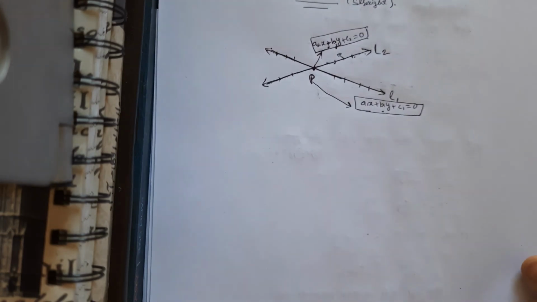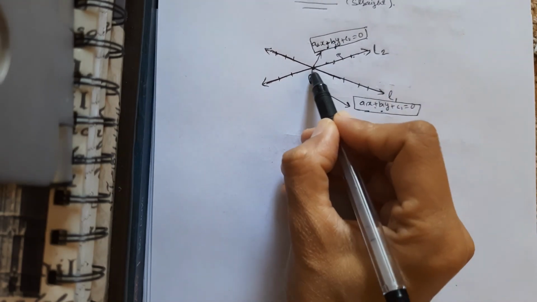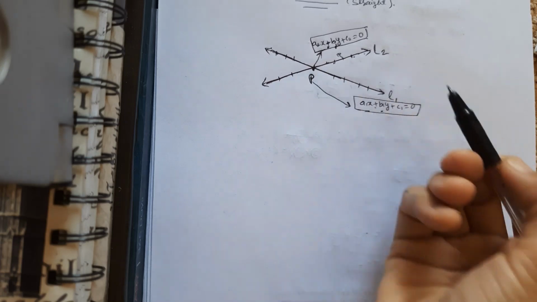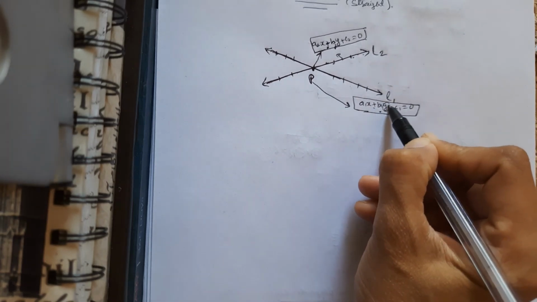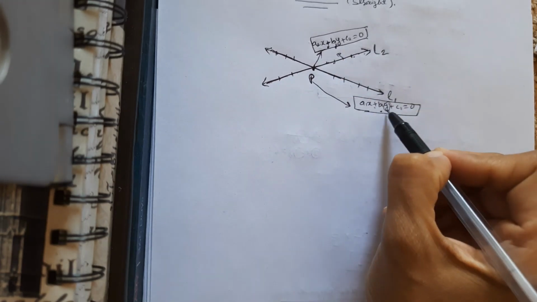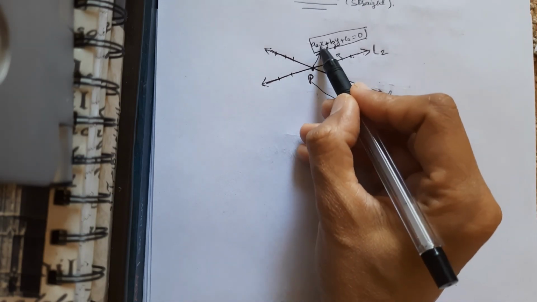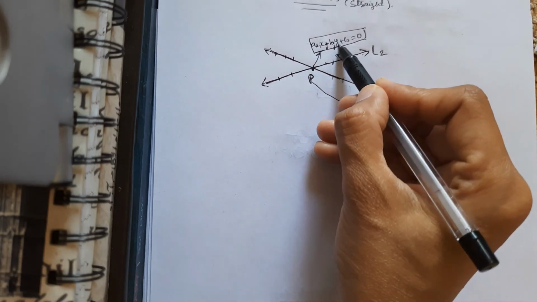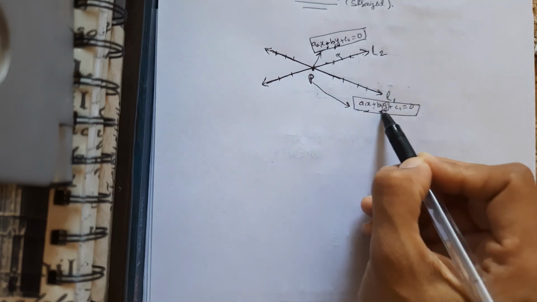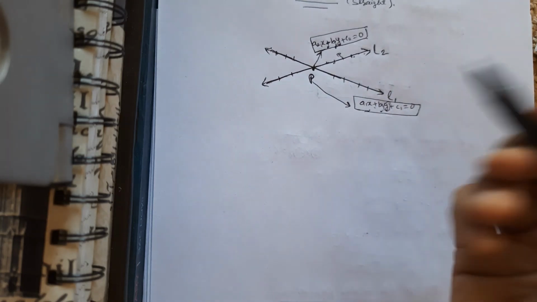Now how to find the point of intersection? Since these two equations are valid here, you can substitute the value of y from one equation into the other, or vice versa.